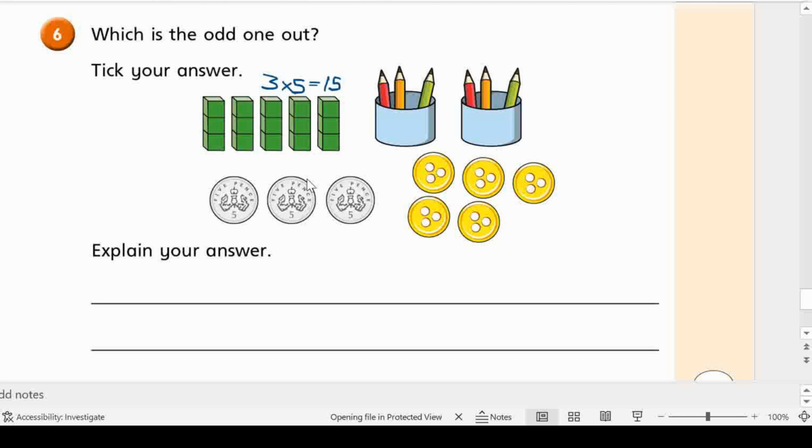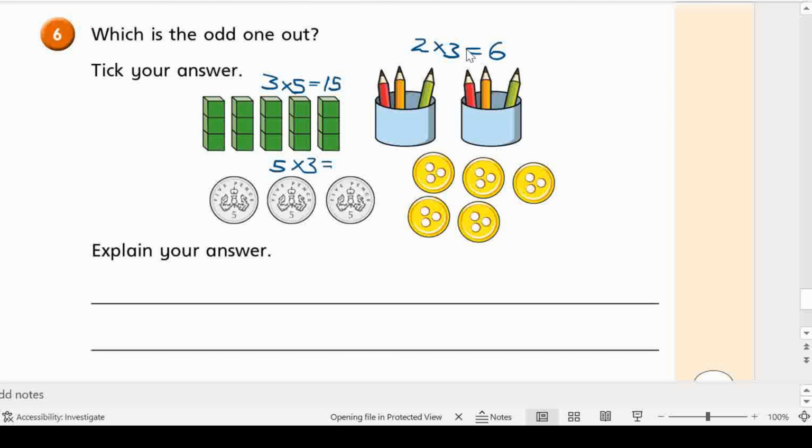Now here, what is the equation here? Well, we have 2 jars. 2 times 3 equals 6. Okay, this one, what is the equation here? 5 times 3, because we have 3 coins and they are each 5p each.